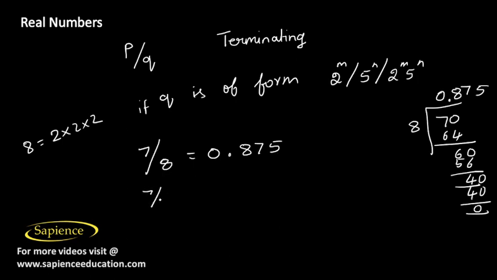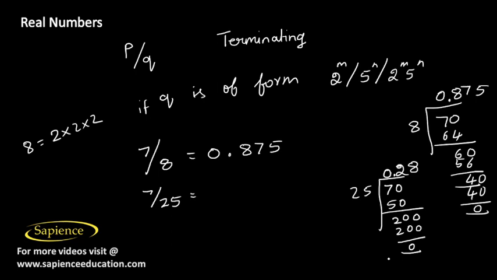In the same way, if we find out 7 by 25, a decimal point, after that multiplying by 2 we get 50, remainder will be 20 and a 0. 25 8 times will be 200. So the decimal value of 7 by 25 is 0.28.